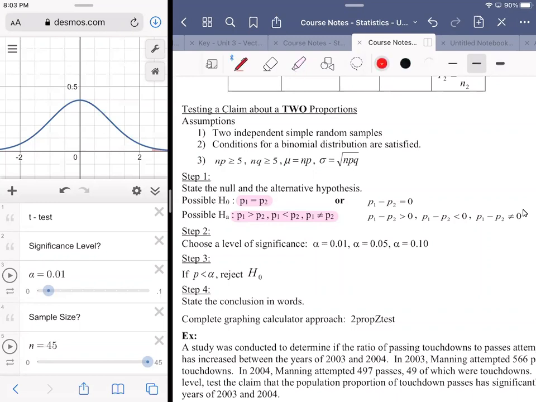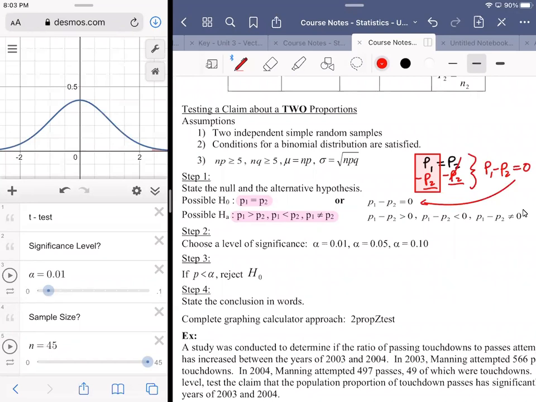If you really think about it algebraically, if I say P1 is equal to P2, and then subtract the P2 from both sides, it would cancel on the right, and you would get P1 minus P2 on the left-hand side with a 0 on the right. So that's where this is coming from. So it's actually basically the same thing, right?